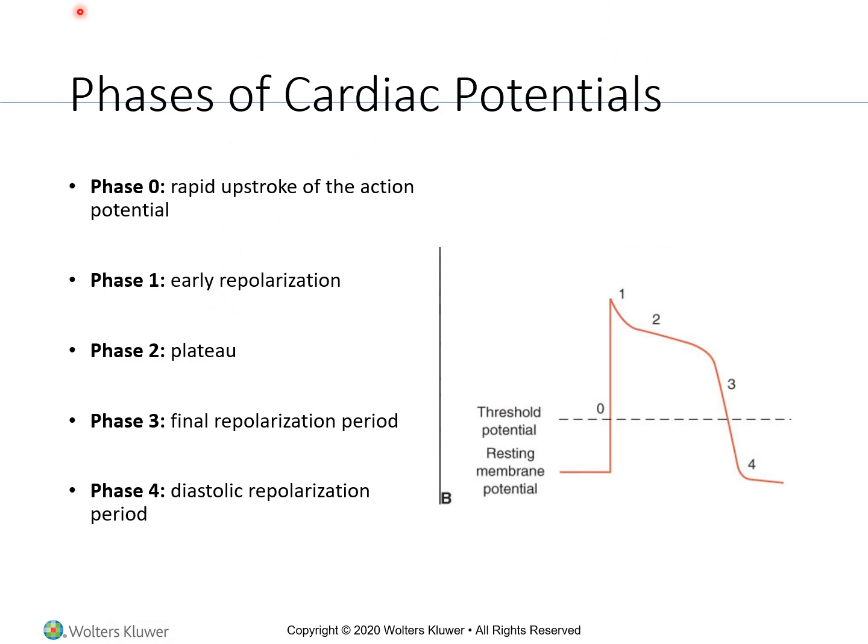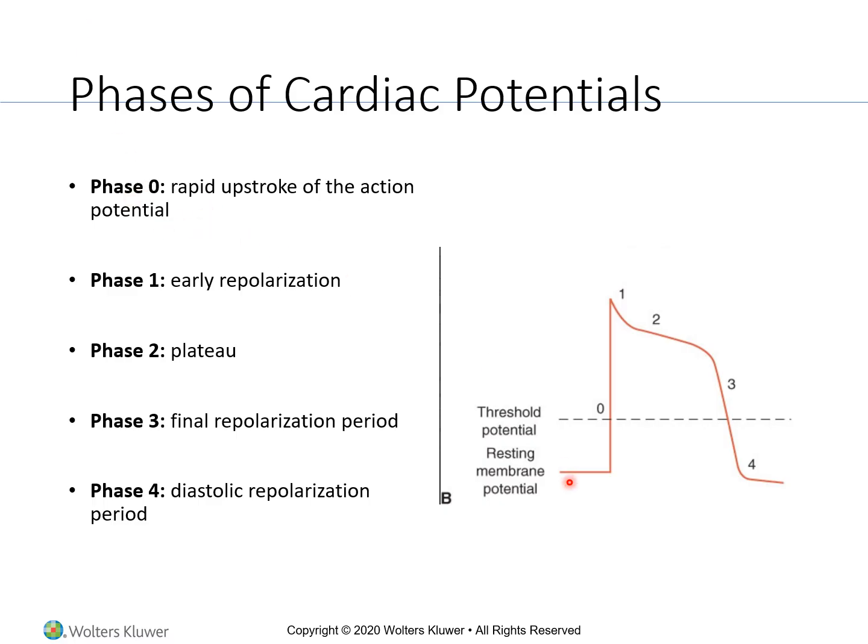We have three membrane-embedded ion channels that are responsible for this activity: the fast sodium channels, the slow calcium channels, and the potassium channels. As electrical activity is initiated, it travels cell to cell in a wave across the heart that creates that electrical conduction. So we'll start with phase 0 right here.